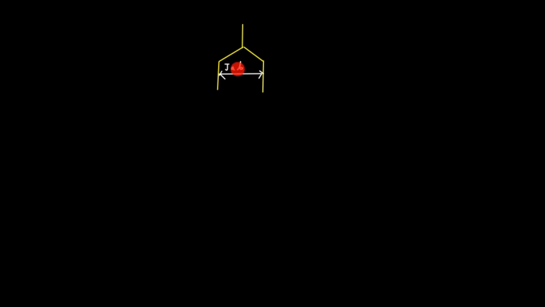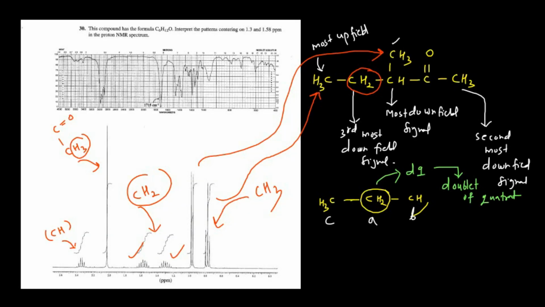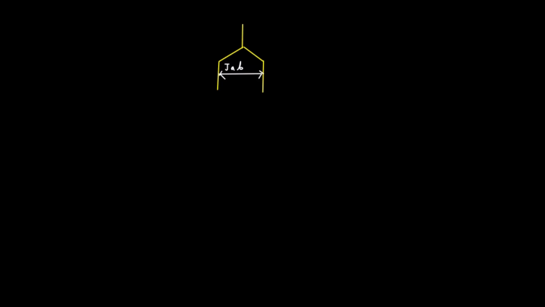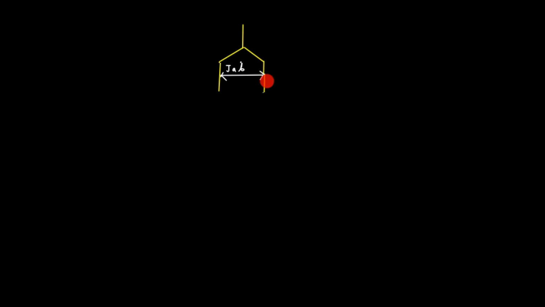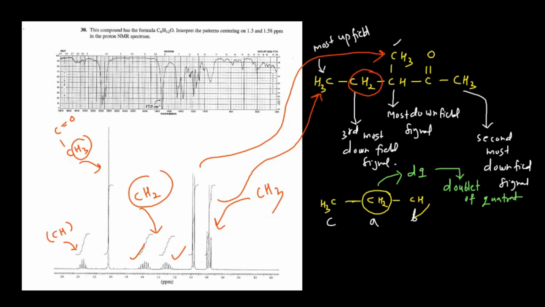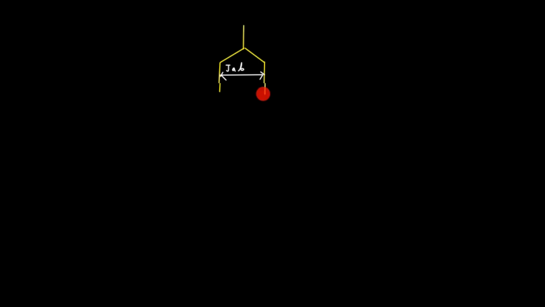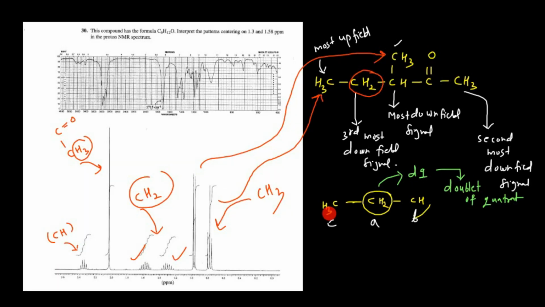JAB. What have I written over there? JAB. What is the meaning of JAB? These A hydrogens are coupling with the B. So you are getting a doublet. Now what will happen? Each peak of the doublet, that means these two peaks, right? This peak will couple with this methyl group, and then the second peak will also couple with this methyl group.